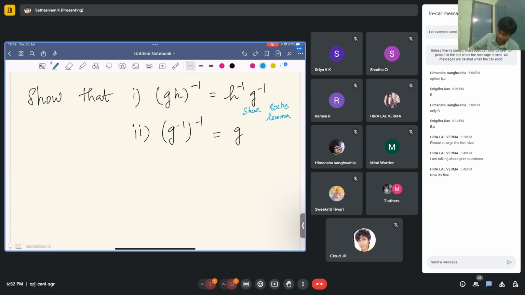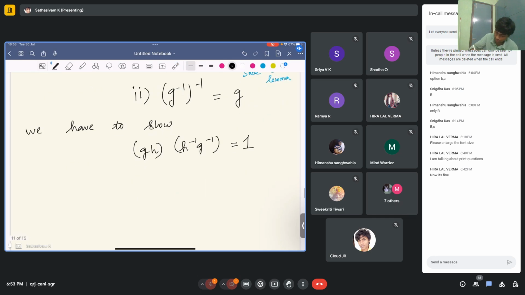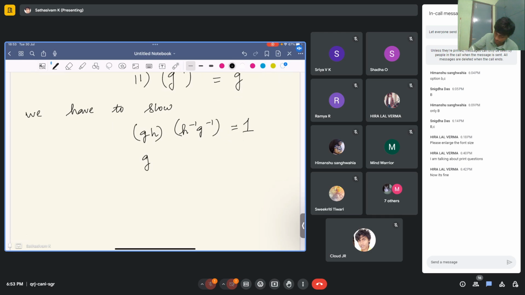So we have to show that (GH) times H inverse G inverse is equal to 1. Suppose you show this, what does it tell you? This tells you this has to be the inverse. Well, this is obvious now. If you look here, this is G. You can change the brackets here, H inverse G inverse.